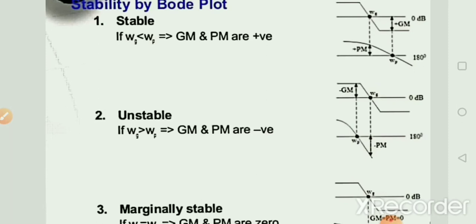When the gain cross over frequency is greater than the phase cross over frequency, then our gain margin and phase margin are negative, and this is an unstable system.